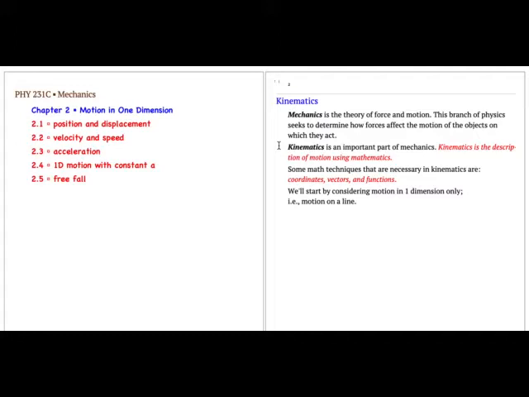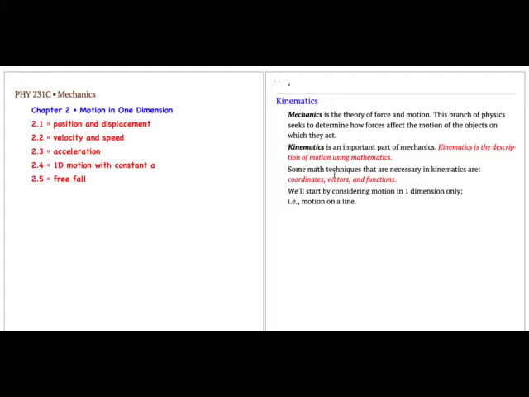And in the case of motion, we need several mathematical techniques to describe motion in a quantitative way. Some of the mathematical techniques that are necessary are coordinates. We use coordinates to specify the position of an object as it's moving around.